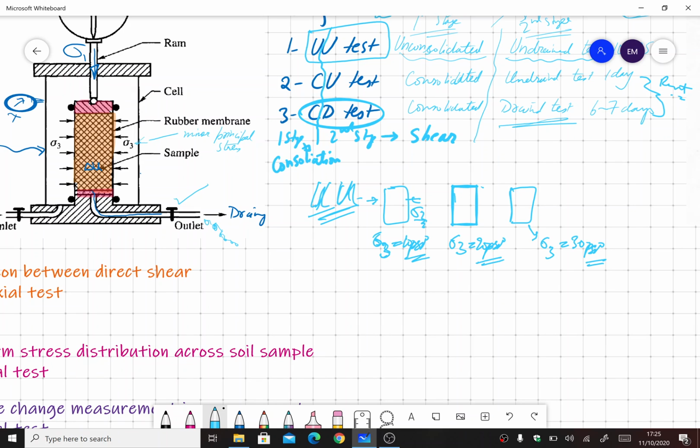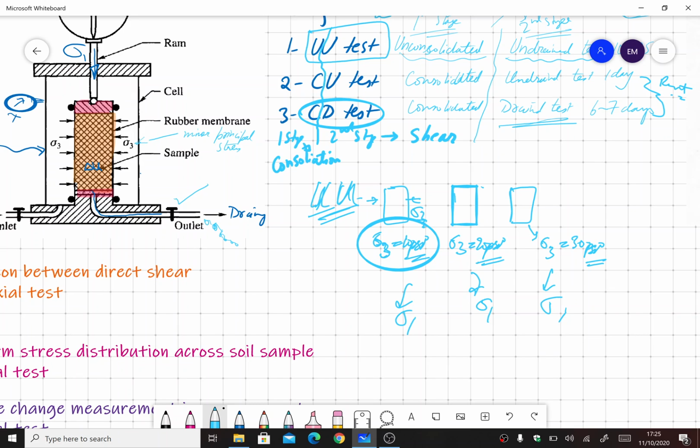So in each test we perform 3 tests on the same soil, with the only difference in sigma 3, the confining pressure. In the first we apply lesser confining pressure, in the second intermediate, and in the last specimen the maximum confining pressure. The example is 10, 20, and 30 psi, and then we see how much sigma 1 it takes to fail the specimen.